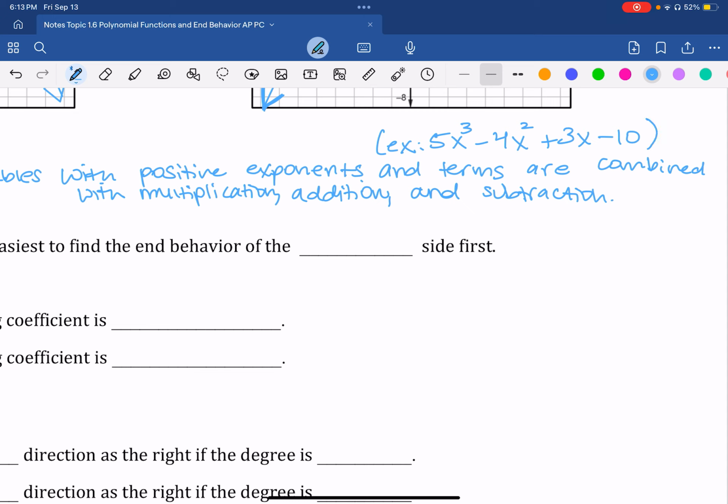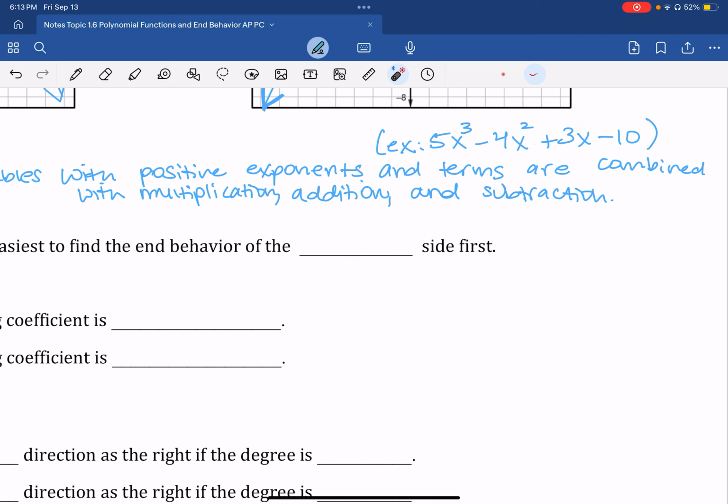Okay, so notice we do not have any division. The coefficients are multiplied with the variables. The terms are either added or subtracted together. There is no division. All of the exponents are positive integers. We have 3 and 2. Remember, this is an imaginary 1, and there's an imaginary x to the power of 0 there. So they're all positive integers.